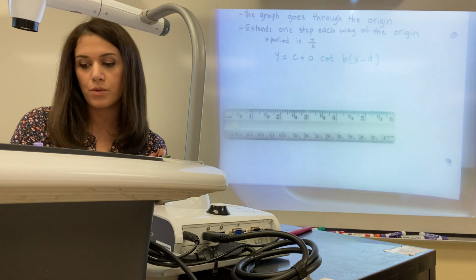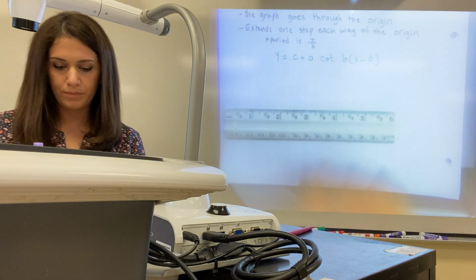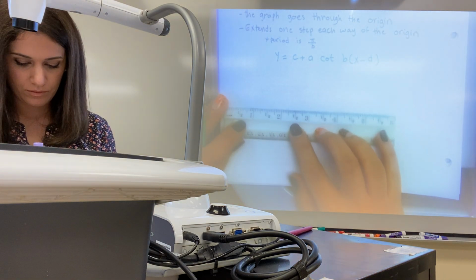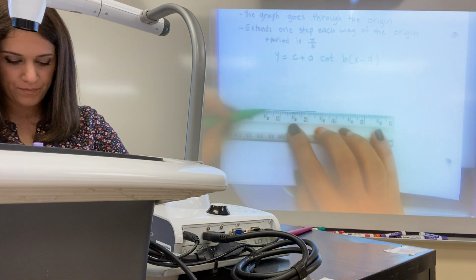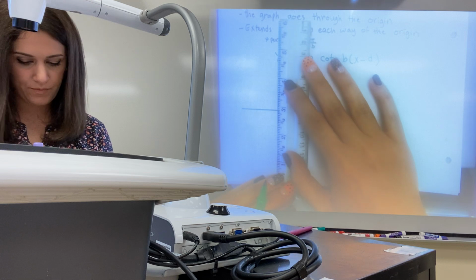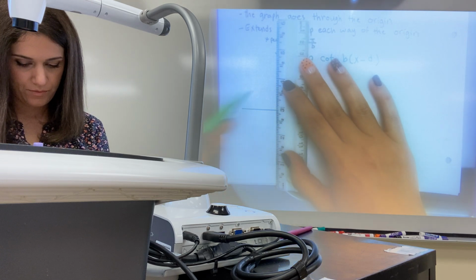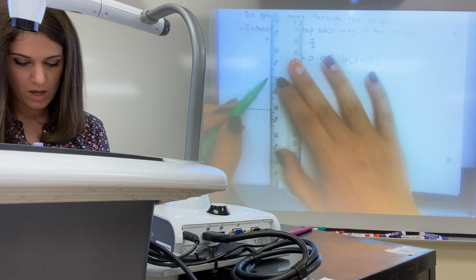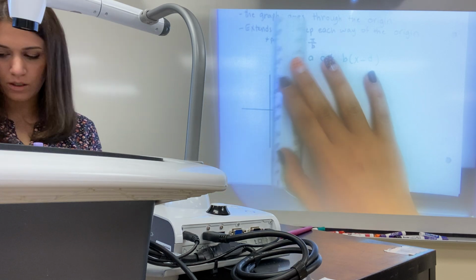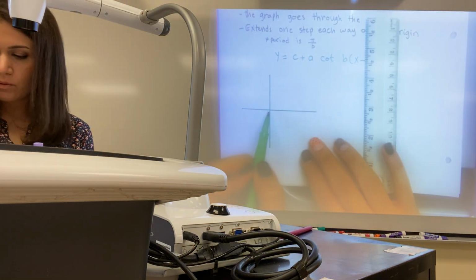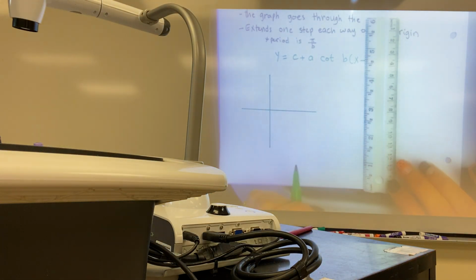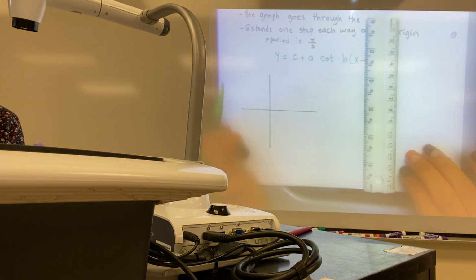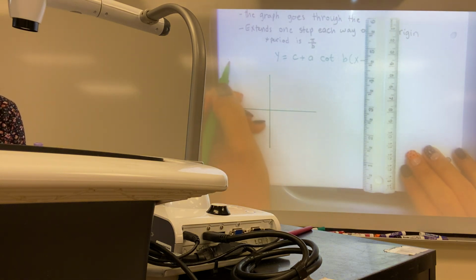Or you say it's the reciprocal of the tangent function. So here is when a is positive. You will notice with the cotangent that it will extend 2 steps to one side of the origin or the 0.